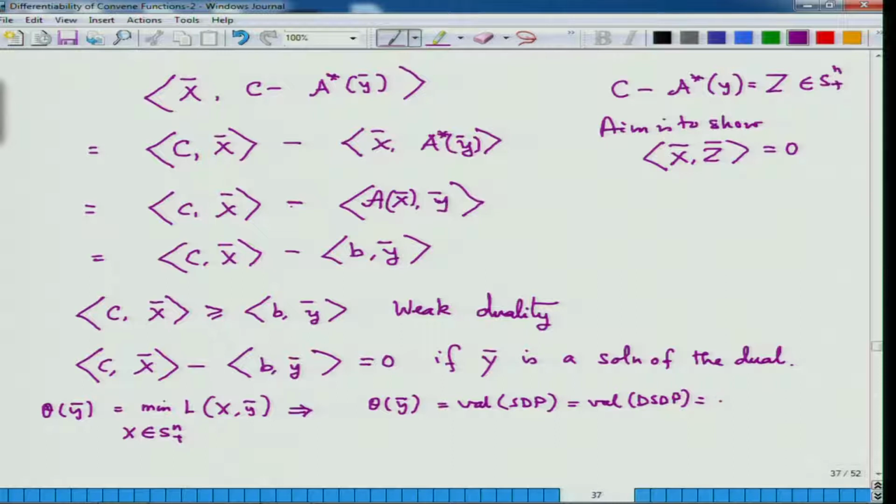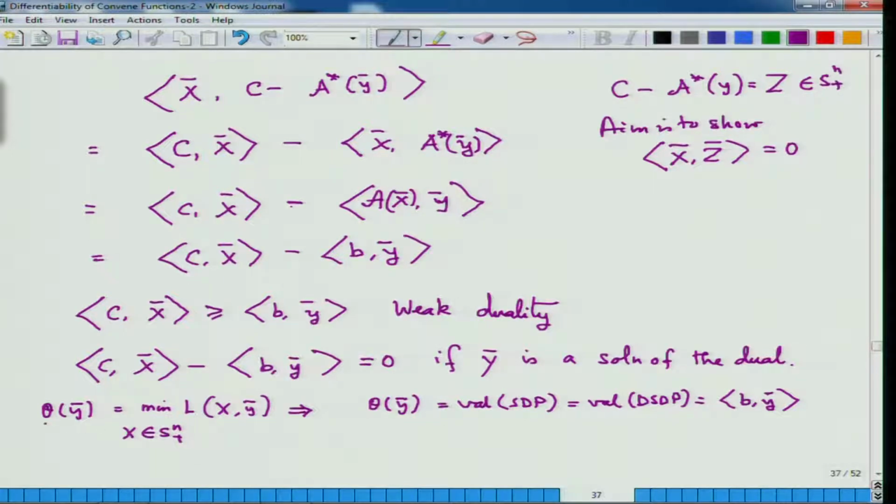Theta y bar, value of dual of SDP, will be nothing but B y bar. So, if the value of the dual problem is given by B y bar, you can prove that y bar is actually the value of SDP.